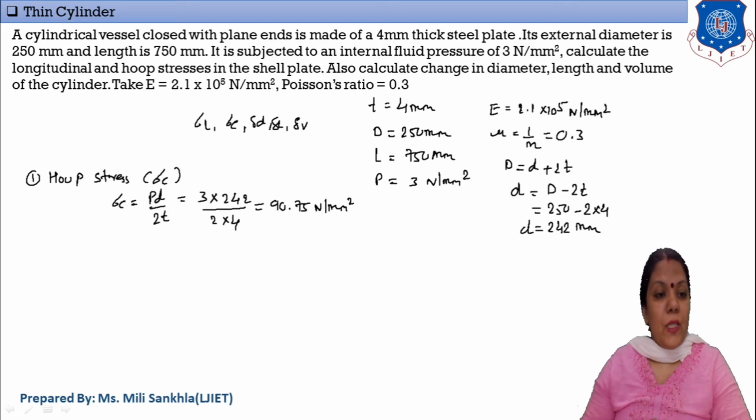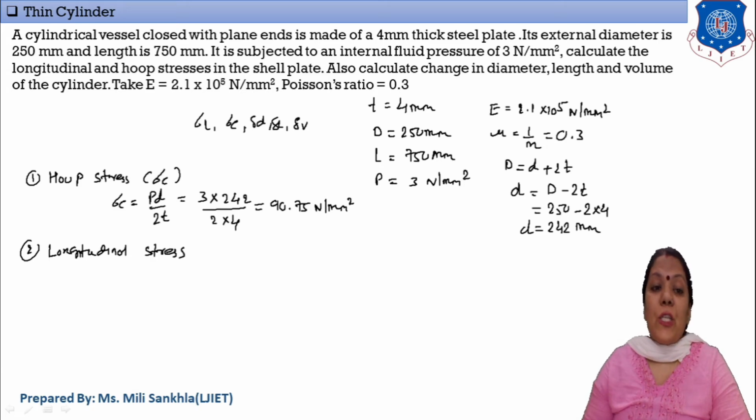Now second, we find the longitudinal stress. Make a heading, longitudinal stress, and the notation of this longitudinal stress is sigma L. Sigma L is equal to PD by 4T.